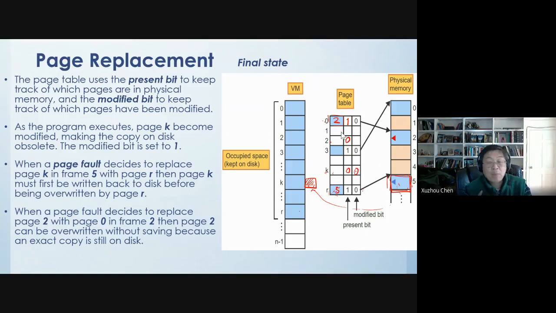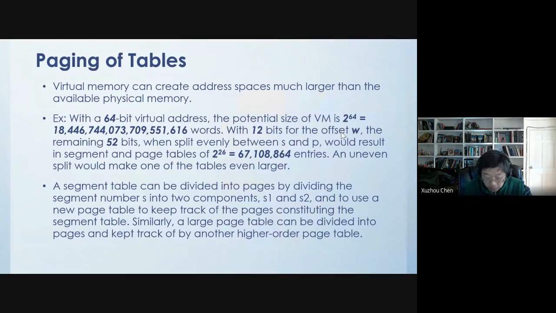But before you overwrite the pages in the frame, check the dirty bit, the modified bit. If the modified bit is 1, write everything in the page back to virtual memory before it's replaced. I think that's pretty much the page replacement we are talking about.